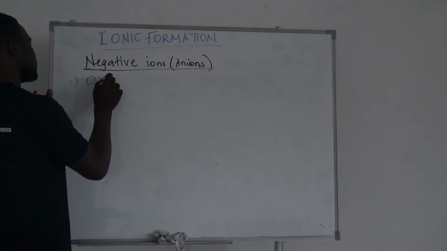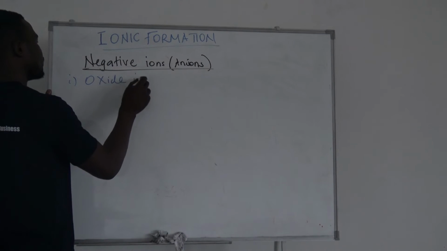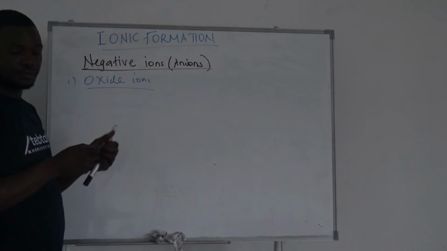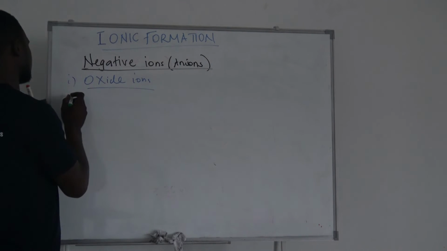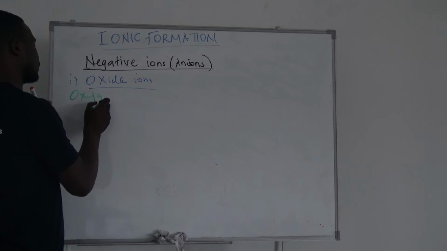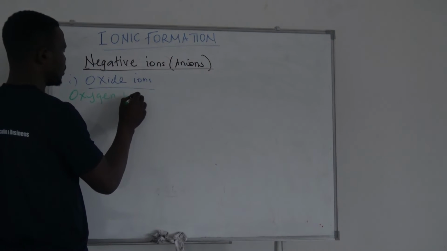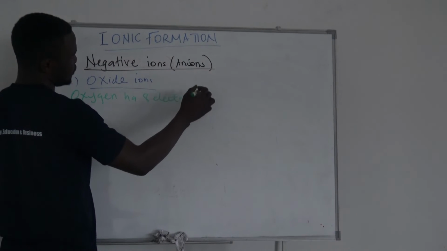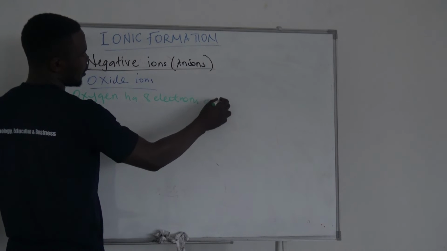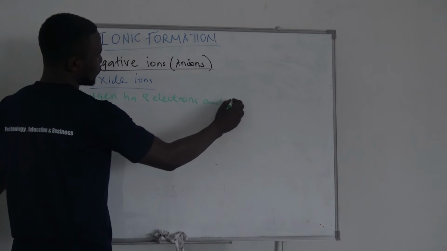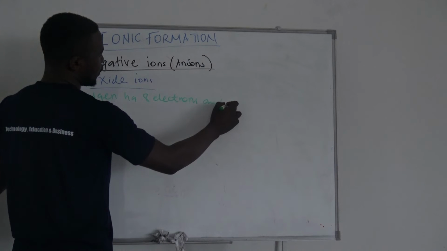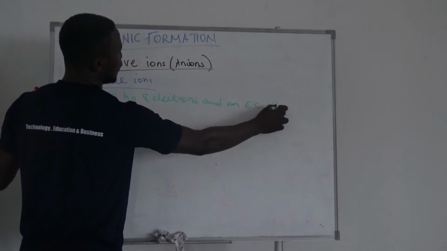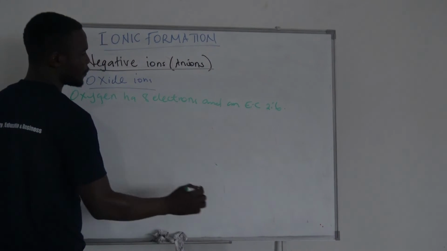So let us look at oxide ions. Here we are saying that oxygen has 8 electrons, and its electronic configuration, we said we shall abbreviate electronic configuration as EC, is 2,6.